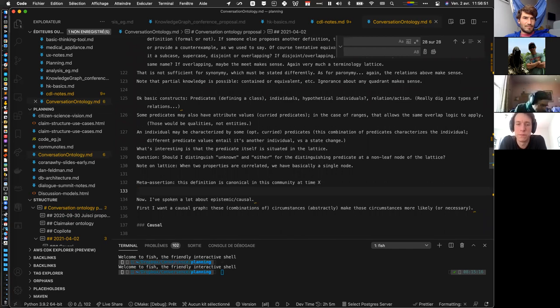But I think it might be possible to do without the individual-predicate distinction, in the sense that obviously you can model individuals as predicates. That's clearly true. The question is, do you gain anything by separating the case of individuals? You get cases of distinction for free.